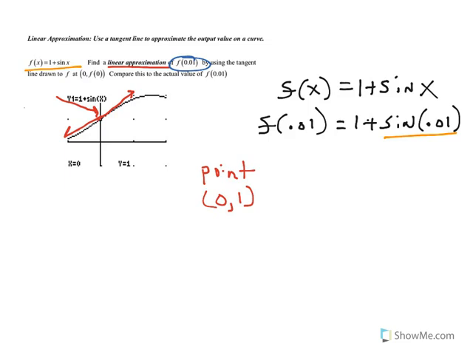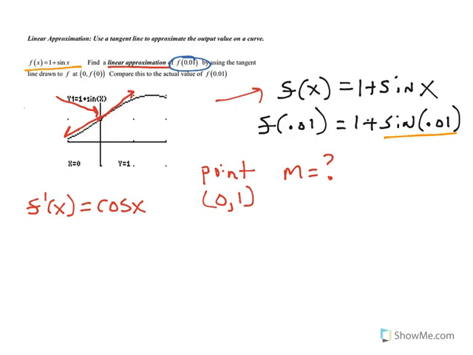And the slope is going to come from the first derivative. So we need the slope at this point. We'll take our function f and find f prime. The derivative of 1 is 0, and the derivative of sine is cosine. So we now have a first derivative, and the job of the first derivative is to tell us what the slope is at a single point.